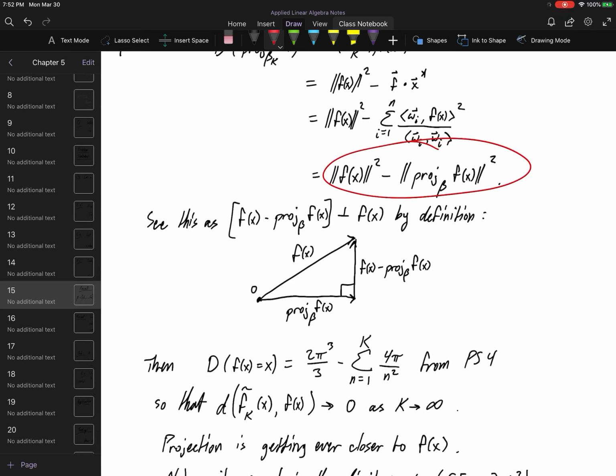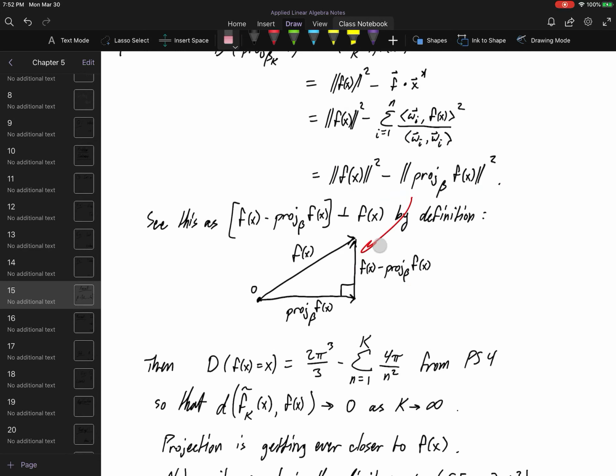And specifically, we see that this square distance, the square norm here, is exactly the algebra behind the Pythagorean theorem for this triangle, where f is the hypotenuse of the triangle. We project f onto W to get that bottom leg, and what's left is this height. This is the distance, the vector that's going to measure the distance between these two functions, or between these two vectors more generally.